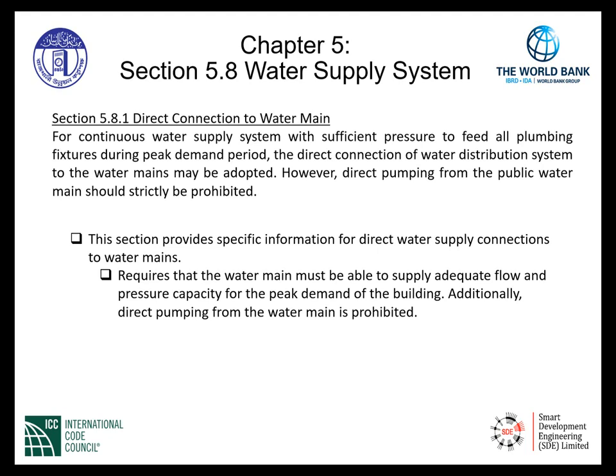Additionally, direct pumping from the water main is specifically prohibited. Now we can pump after the water main when we get into the building or up to the building, but we are not allowed to direct pump from the public water main.